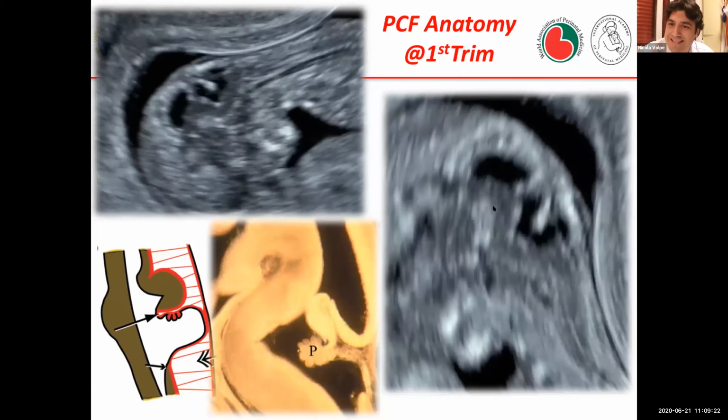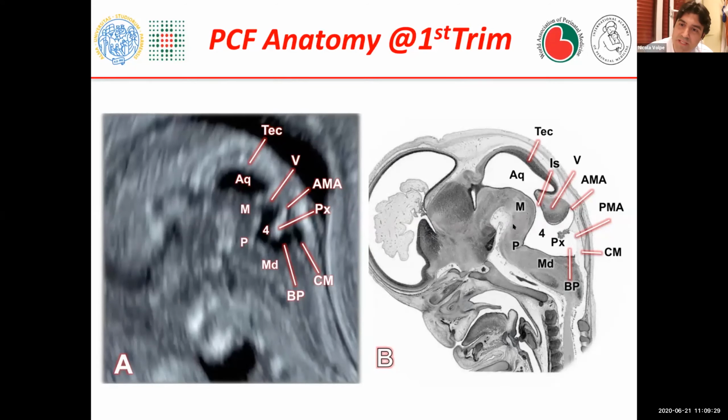And if we compare with the anatomic specimens, we can see in detail where the vermis is, where the obex is, where the plexus is, where the Blake pouch is. Some authors have already been studying this kind of figures and have suggested that in case of pathology, there could be an increased ponto-vermian angle, an abnormal aqueduct, small vermis, elongated obex. And these are examples.